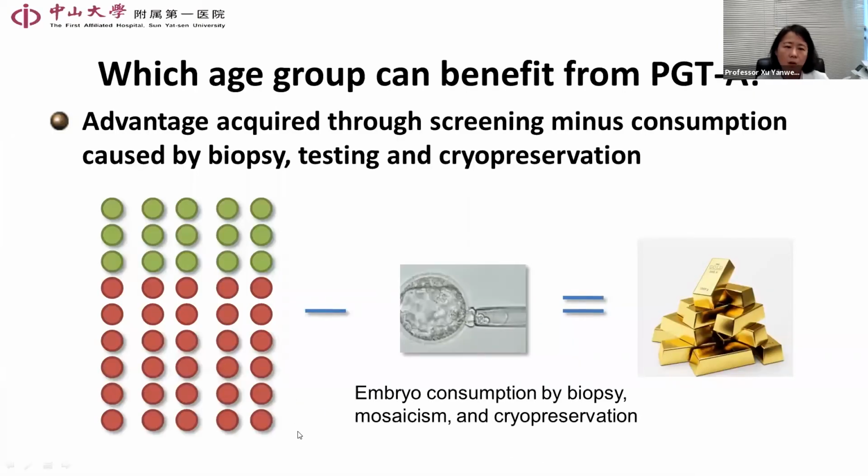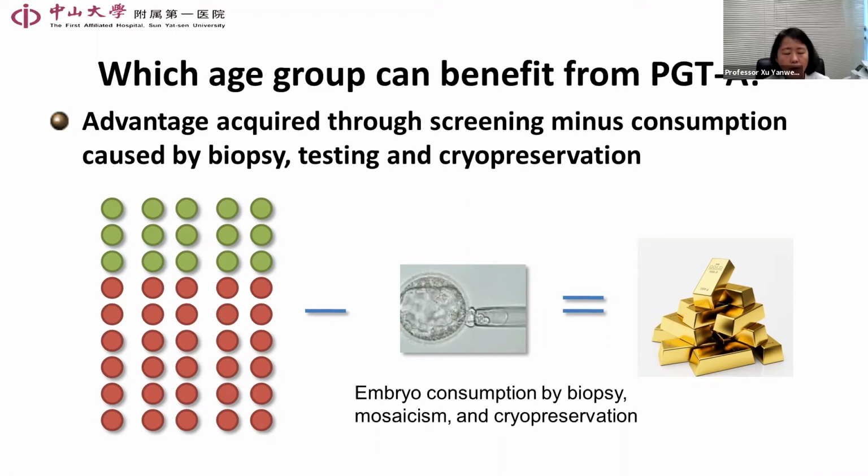So, which age group can benefit from the PGT-A? In my understanding, it depends on the advantage acquired through embryo screening minus the consumption caused by biopsy testing and cryopreservation.